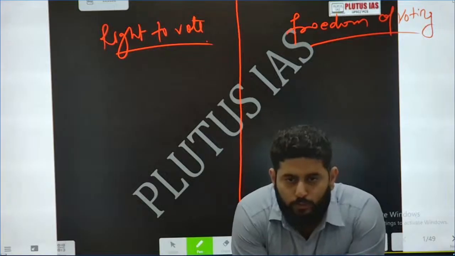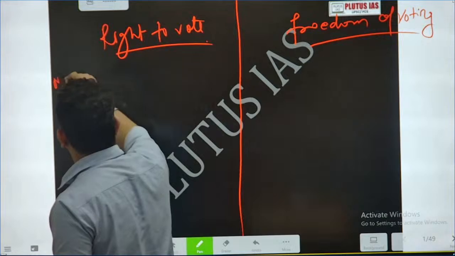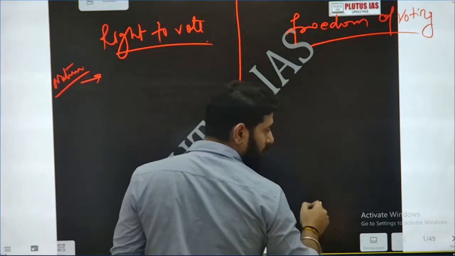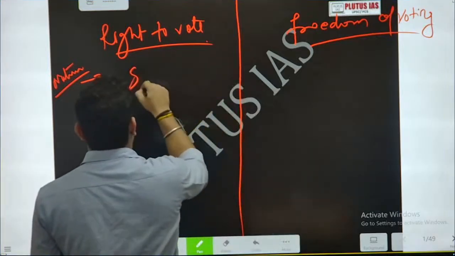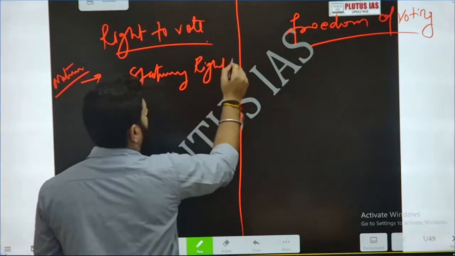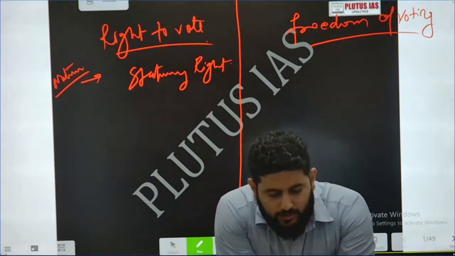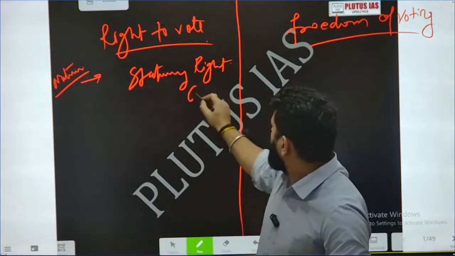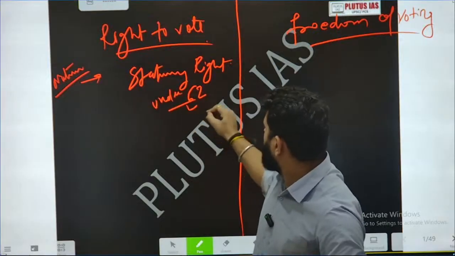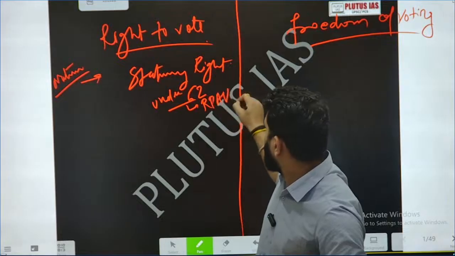Now, right to vote. What is its nature? Statutory right under Section 62 of the Representation of the People Act 1951.